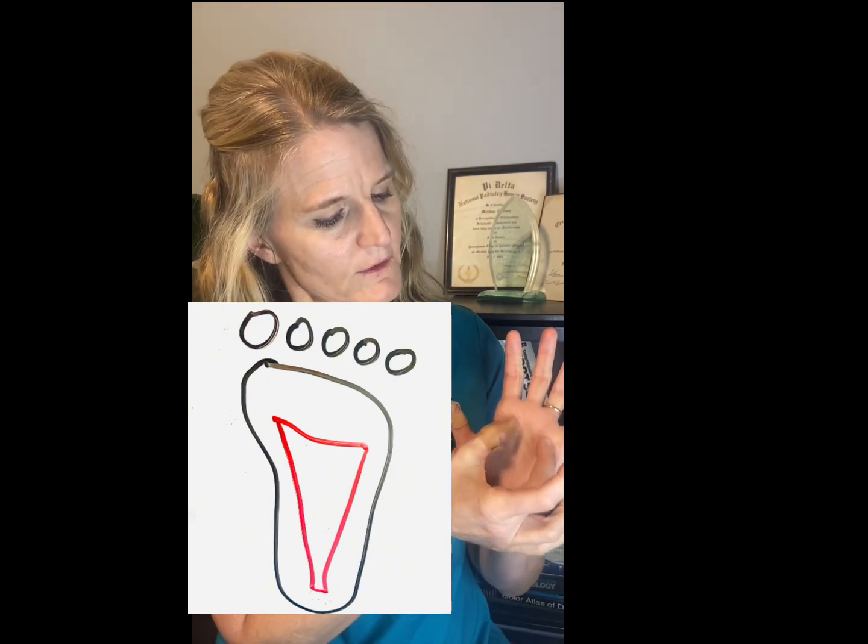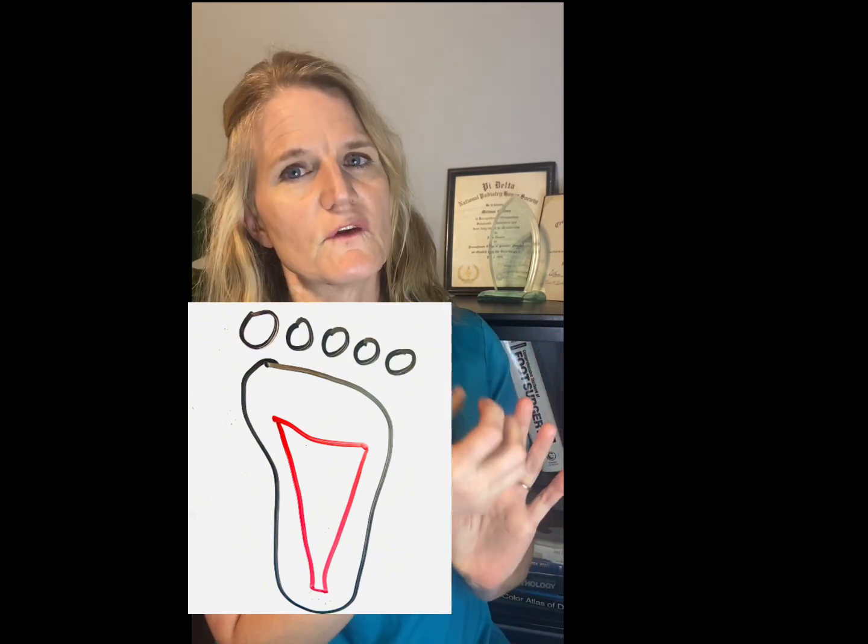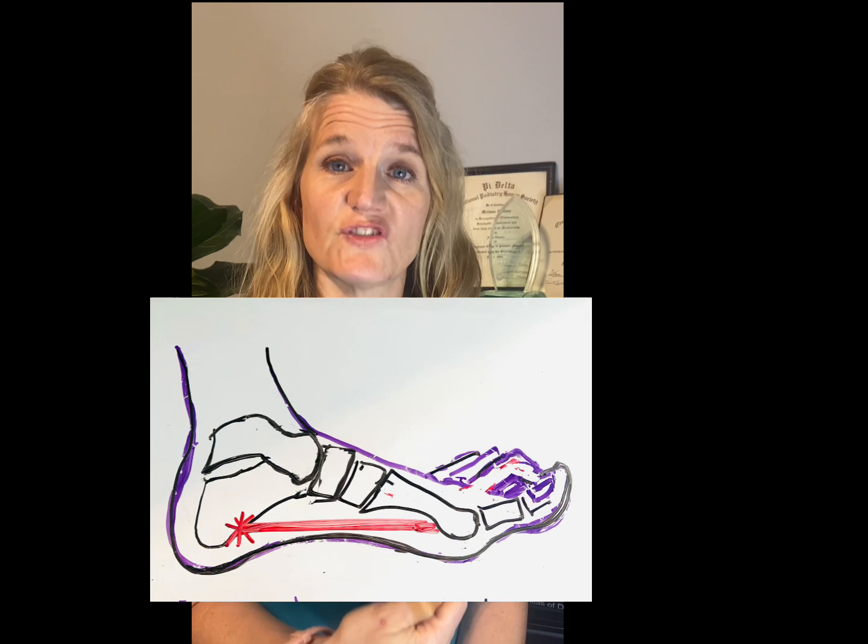And what is it? How does it happen? Well, first off, the plantar fascia is a long ligament. It goes from the ball of the foot to your heel bone, so the point of the triangle is at the heel. And so there's a lot of tension there.